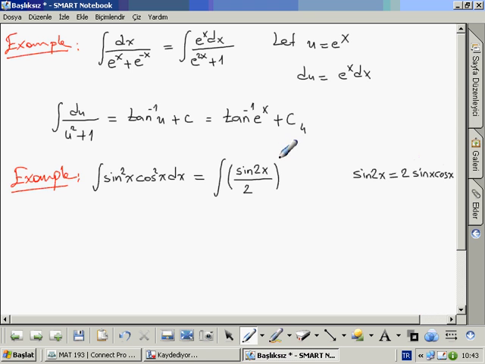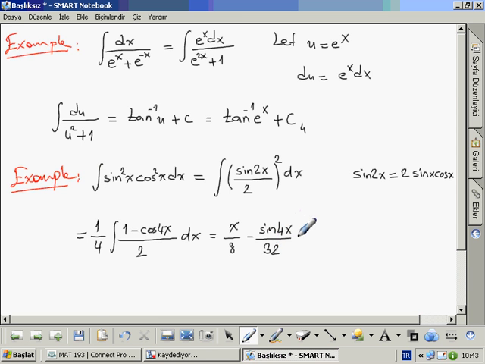And after that, 1/4 integral of sine square 2x equals 1/4 integral of (1 minus cosine 4x) over 2 dx, so it's equal to x/8 minus sine 4x over 32 plus c.